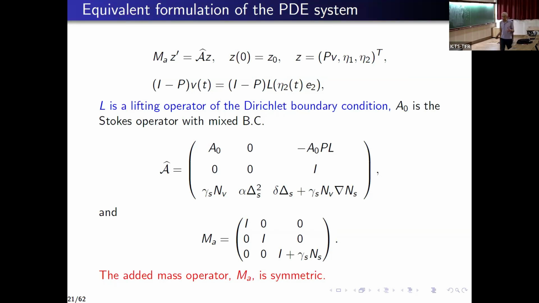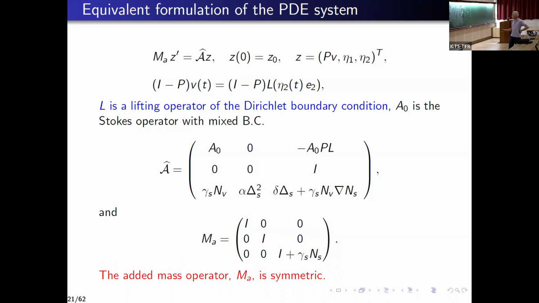And so I end up with something which is quite complicated, but still nice. What is this? This is the equation for the fluid. If I have taken the previous linearized model, this is the Stokes operator. This is the component corresponding to eta 1. So there is no contribution of eta 1.